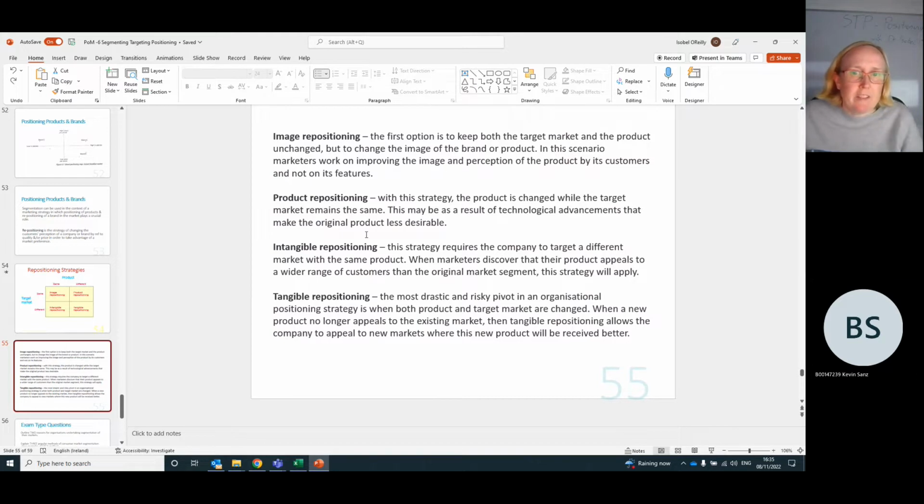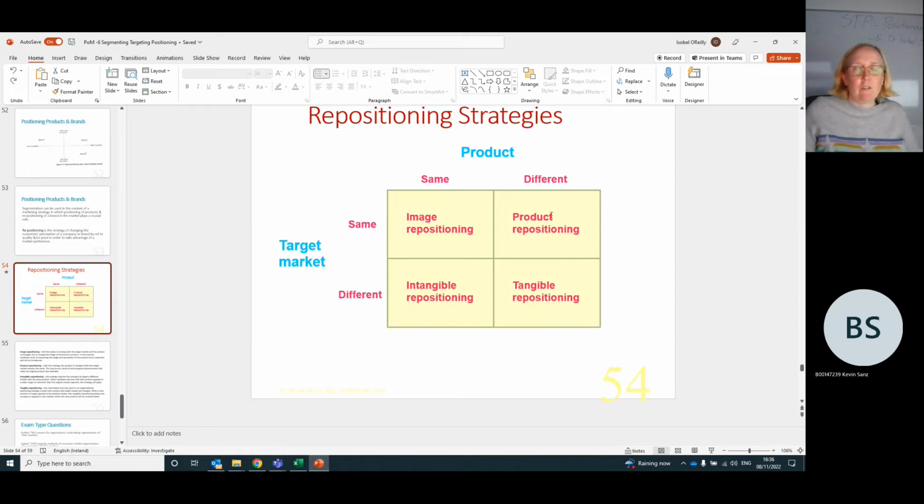Then product repositioning. With this strategy, the product is changed while the target market remains the same. This may be as a result of technological advancements that make the original product less desirable. So they've upgraded in some way, it could be. So that's moving over into the right.